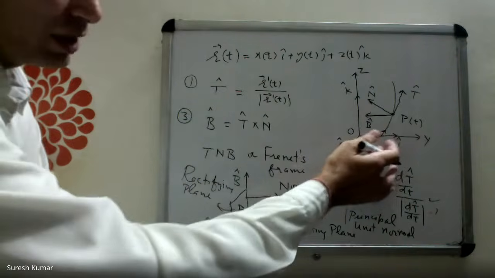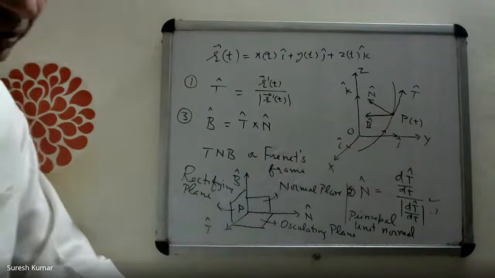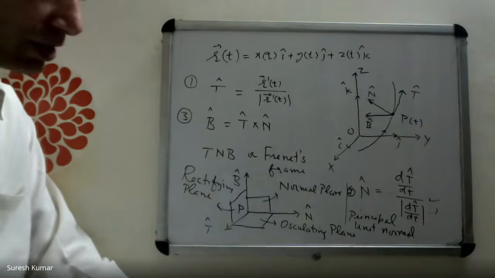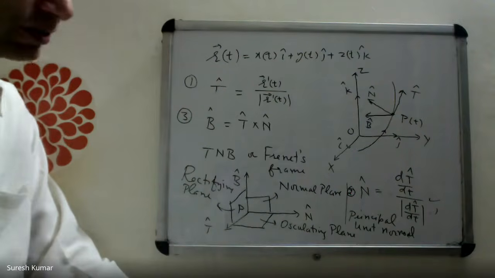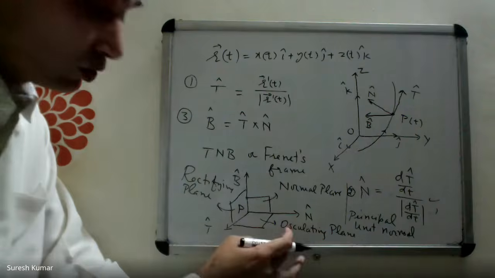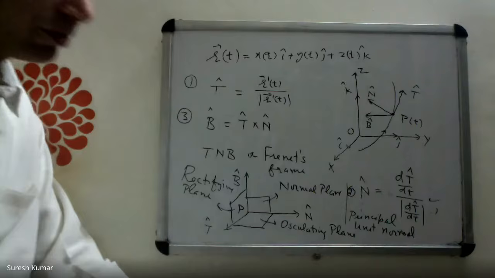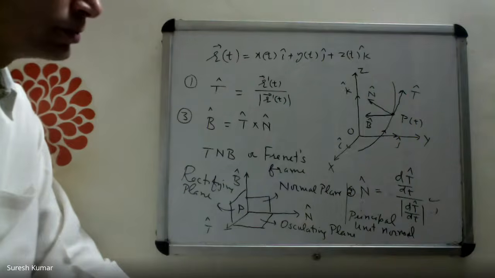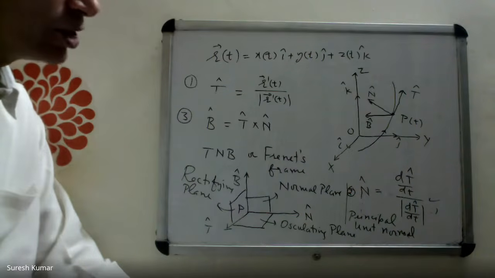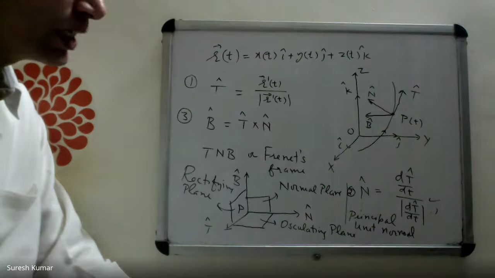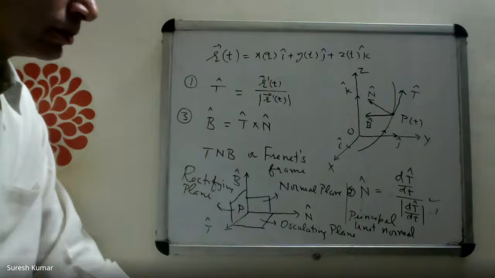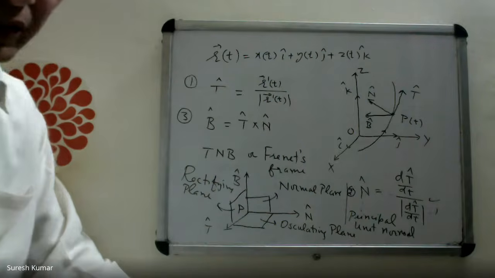Just like here you have the xy plane, yz plane, zx plane, different names are given to these three planes. So in the osculating plane, which two unit vectors are lying? T cap and N cap. Note this. The osculating plane is determined by the vectors T cap and N cap. Up to this it is fine.